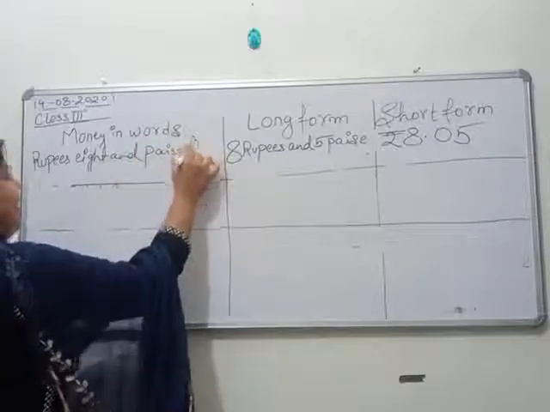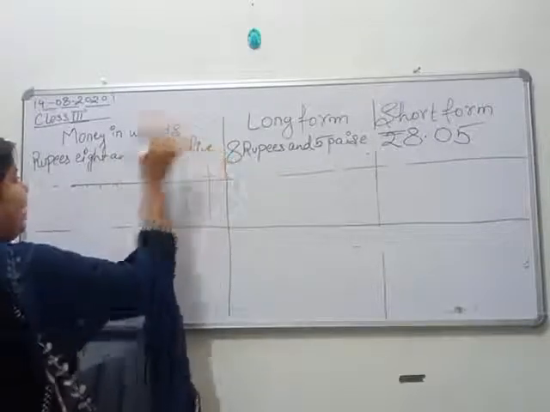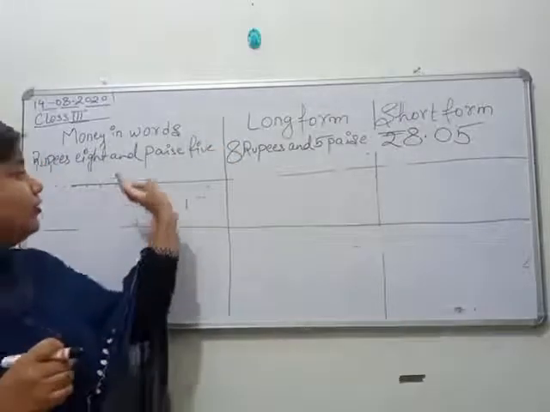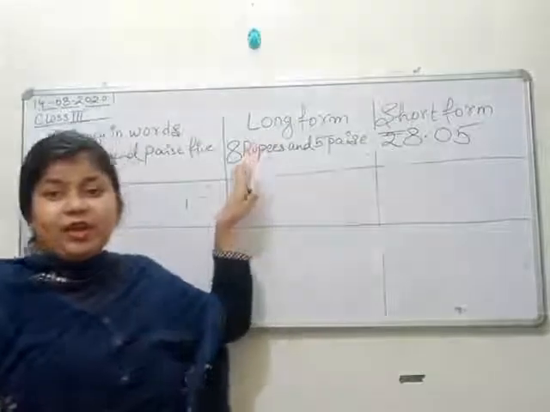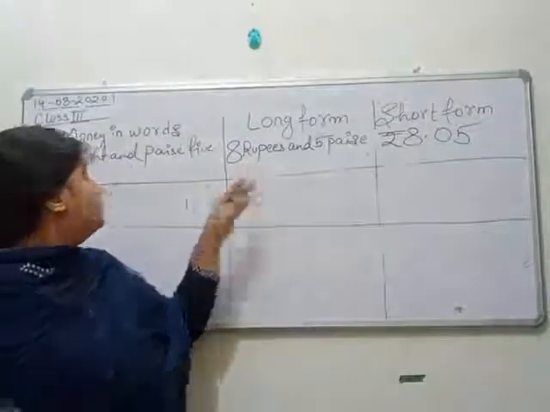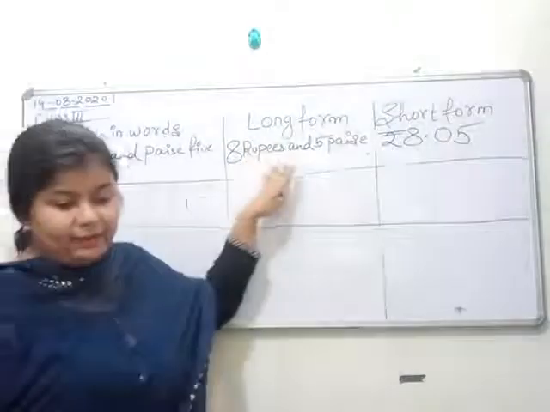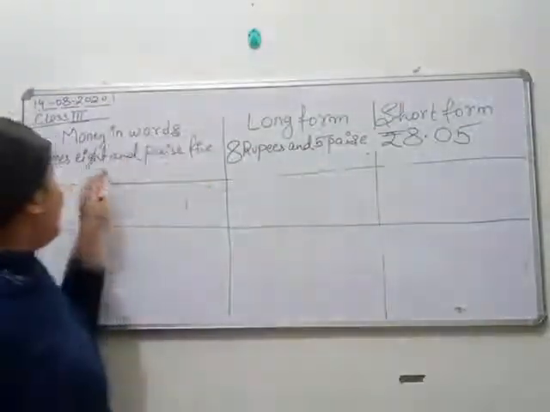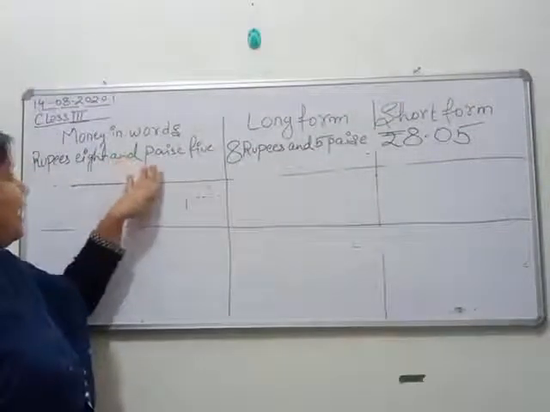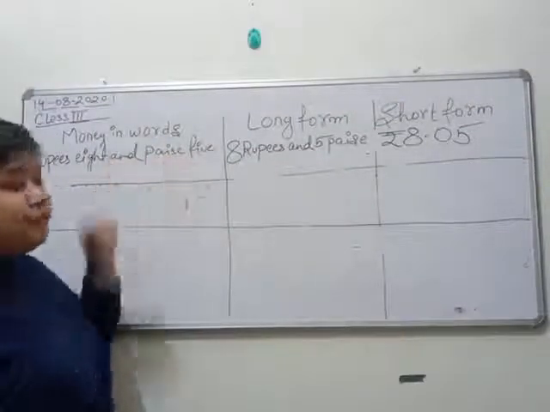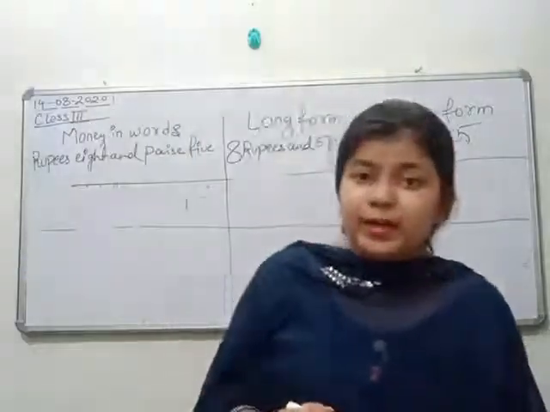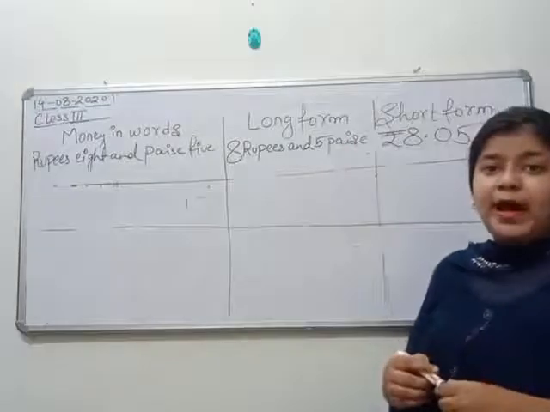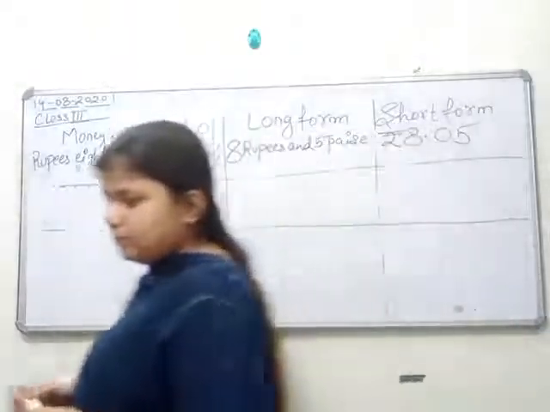So this is in short form 8 rupees and 5 paise. In long form we have written 8 rupees and 5 paise. Now here, rupees 8 and paise 5 in word. So this is the difference in how we write a given number in word, in long form and in short form.